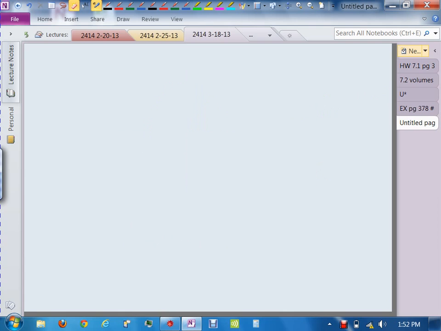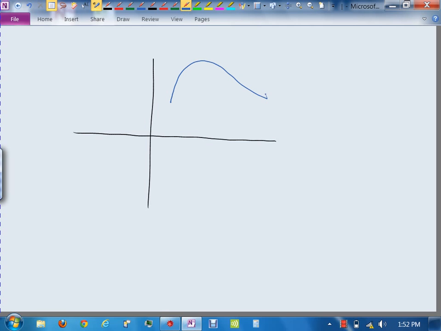Okay, let's look at something a little more general, okay? How about we have a function like this, and then we have another function that does something like this, and we want to rotate the region bounded by those two around the x-axis.